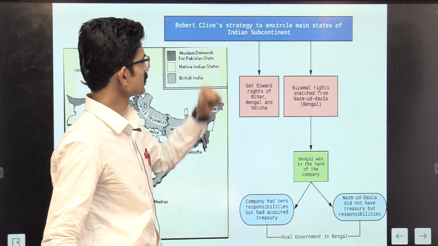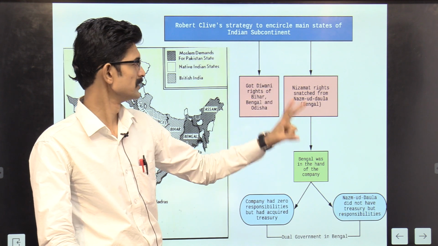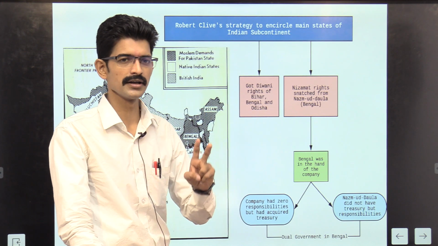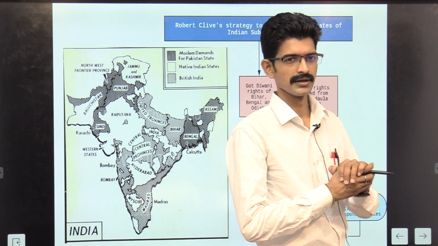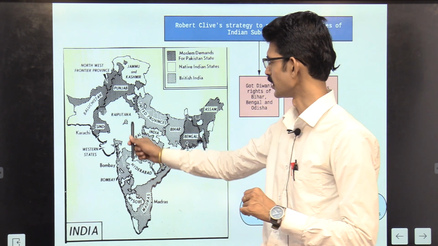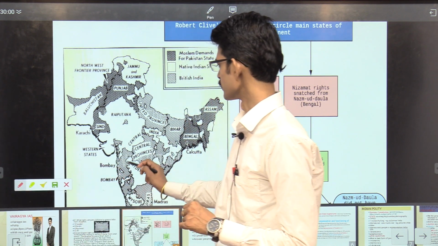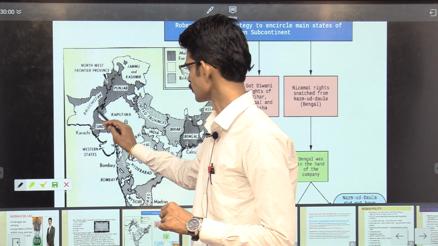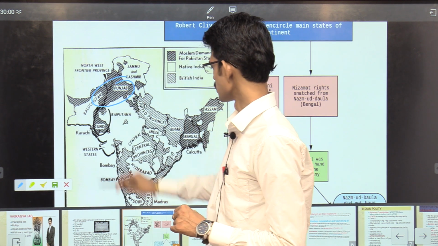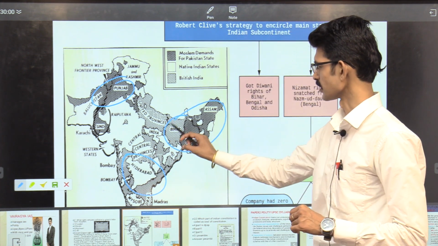Robert Clive's strategy was to achieve the Diwani right first. Second, the Nizamat right, which he also achieved after getting victory in the Battle of Buxar. In this victory, he achieved control of the United Provinces and also of parts of Western India, parts of Sindh and Punjab, Madras, Hyderabad, Bihar, Bengal and Assam.